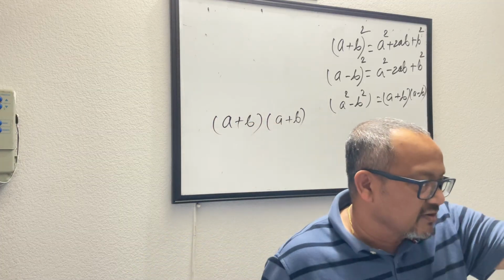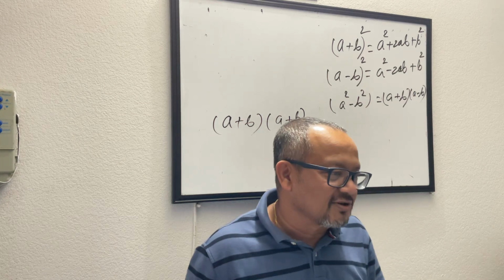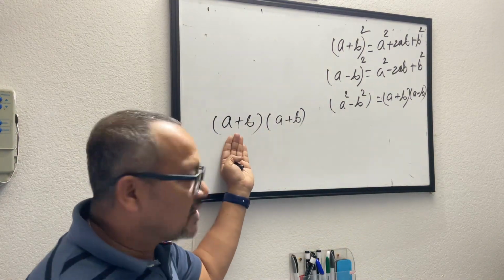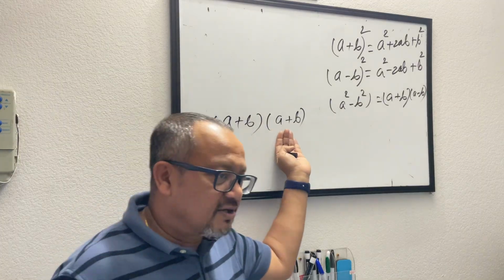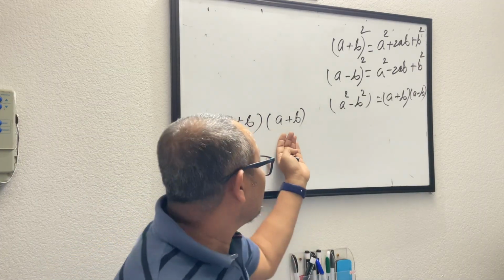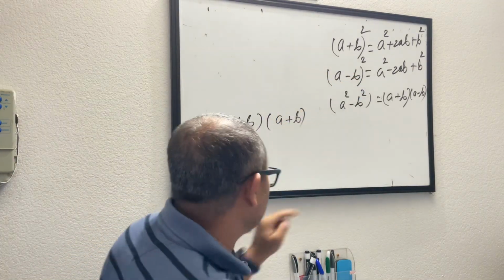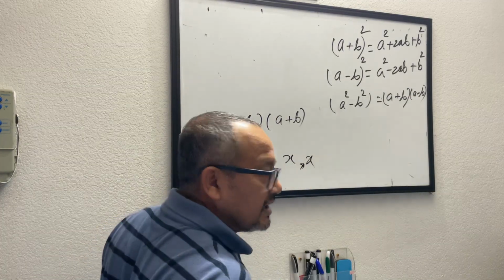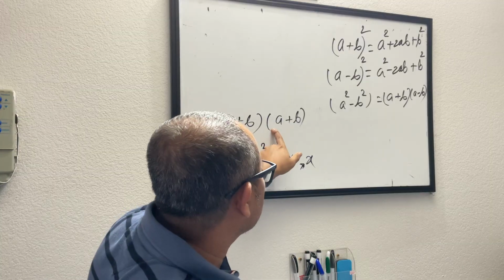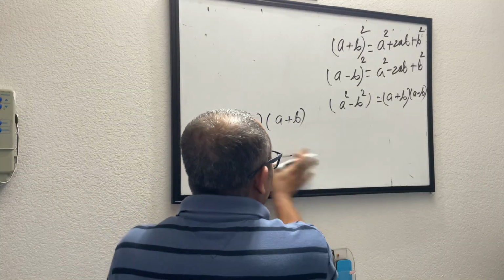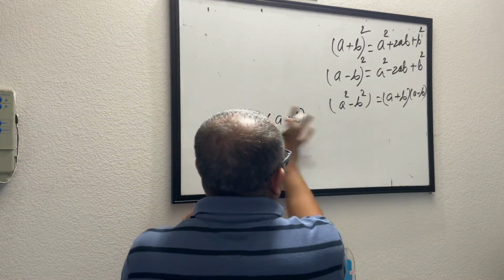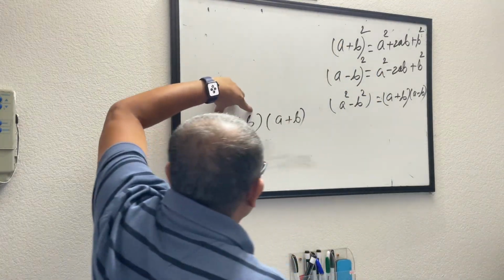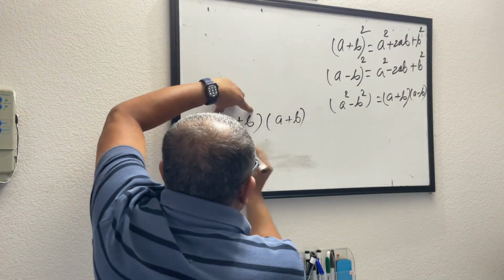Like we have x squared is nothing but x times x. Correct? So a plus b whole square is nothing but a plus b times a plus b. So I'm just breaking it down real quick so that it doesn't look like a surprise to you guys.